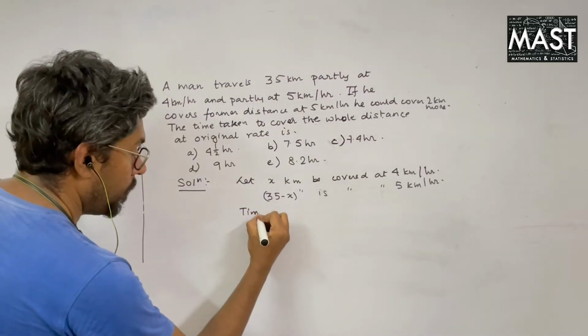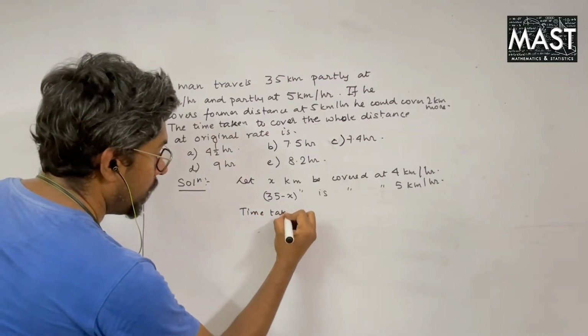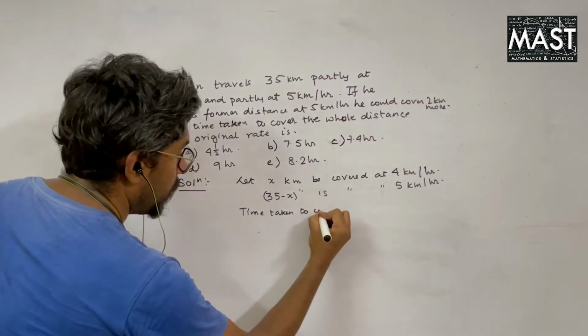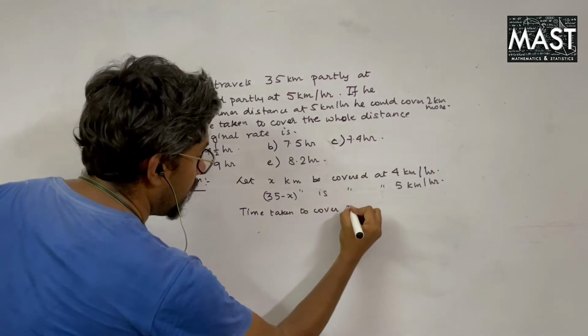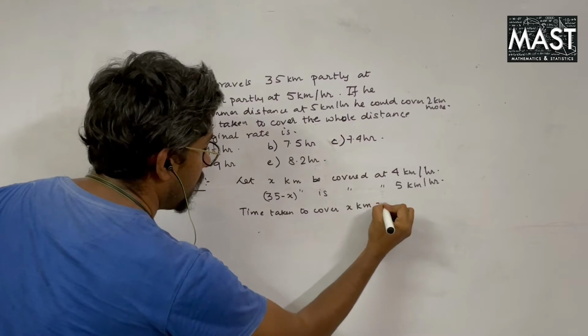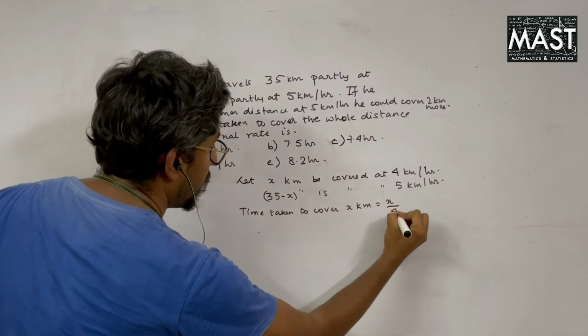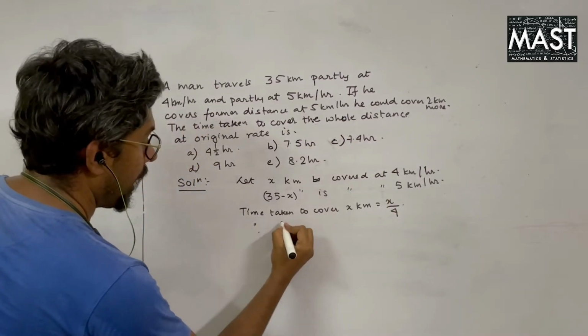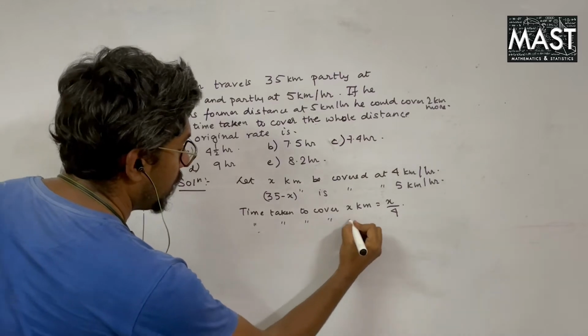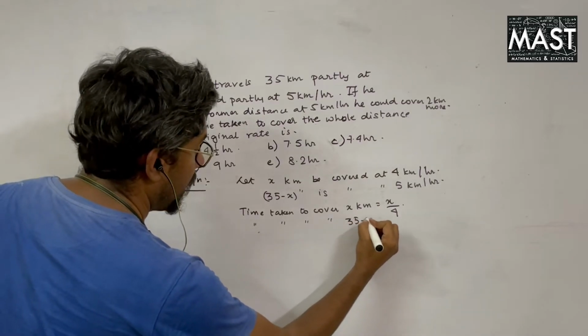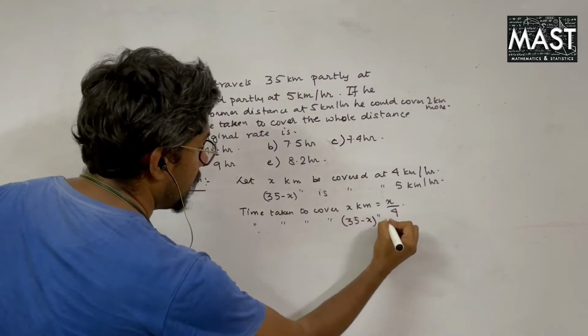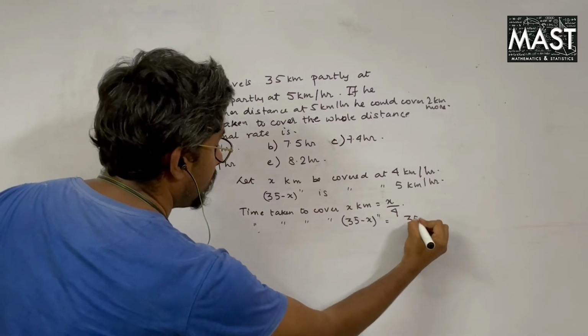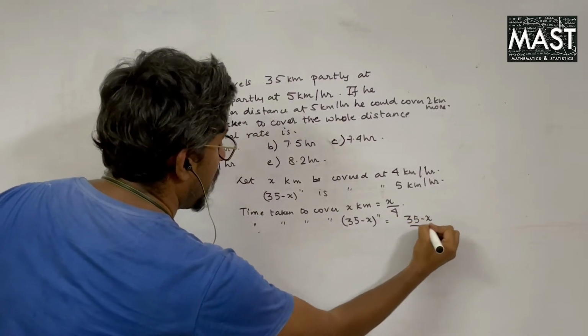Time taken to cover x kilometer equals x by 4. Similarly, time taken to cover 35 minus x is (35 minus x) by 5.